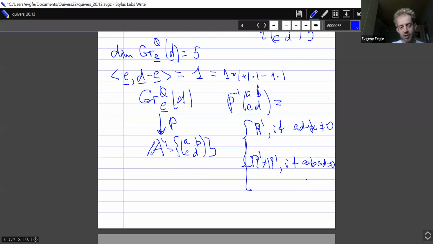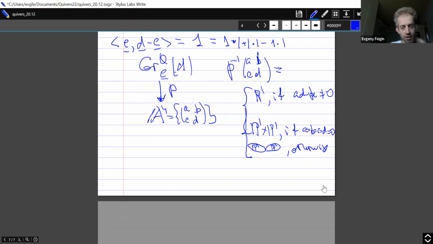And otherwise, what is it? So if it's non-zero but degenerate, it's P1 wedge P1. Yes, we just saw this example, this rank 1 map. Okay, so does it make sense?